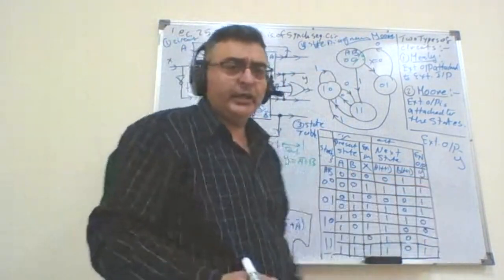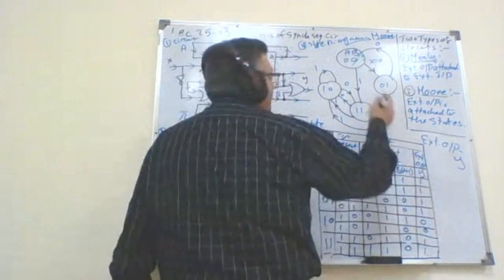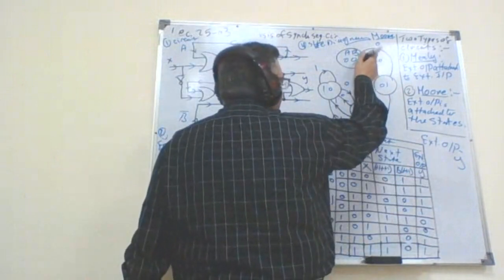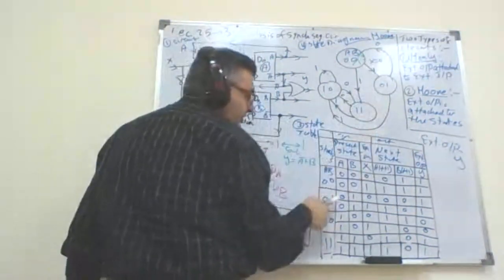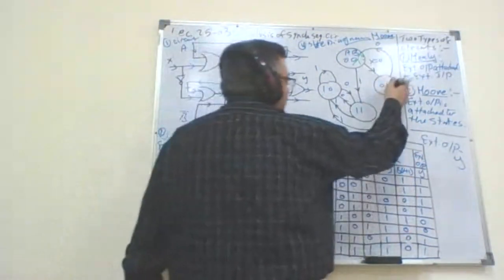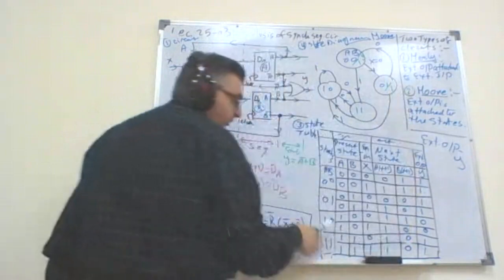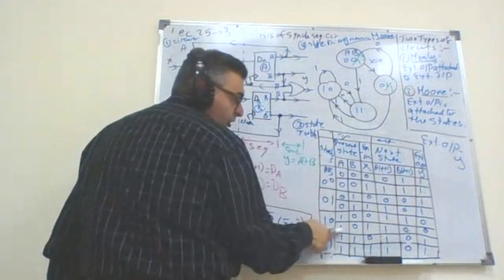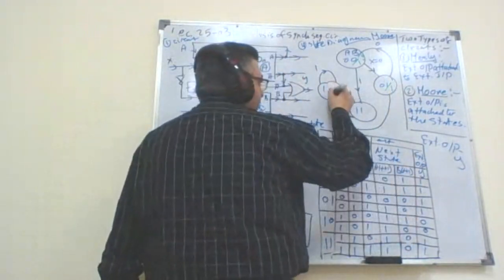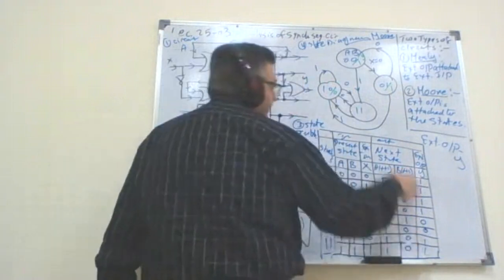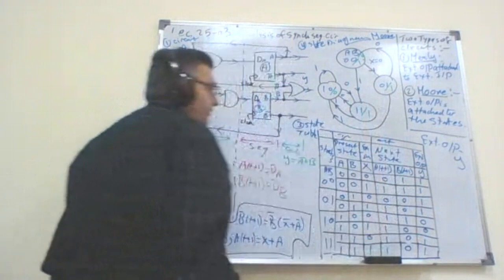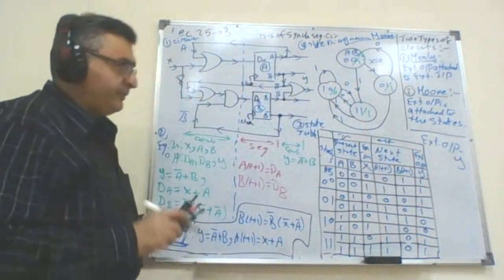It has only one value, from the table, 1. Slash 1. If I am in state 0,1, what's the value of Y? Again, it is 1. If I am in state 1,0, it is 0. If I am in state 1,1, it is 1. And the circuit is Moore.